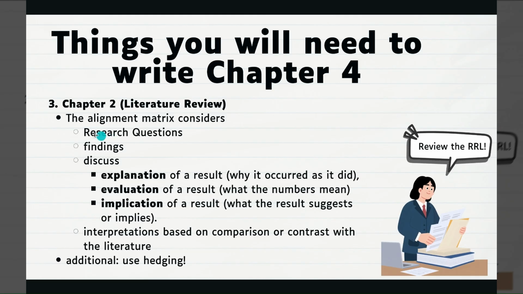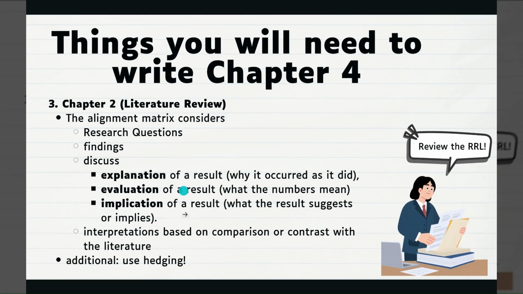And then we also have literature or certain statements from your literature that support your particular finding. That can help in your discussion of your writing. For beginners, I just ask my students to practically have their findings and then interpretations. Later on, you can add a certain discussion column wherein you provide an explanation, evaluation, or implication.